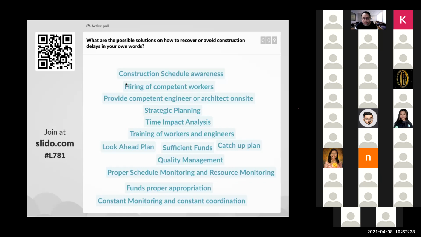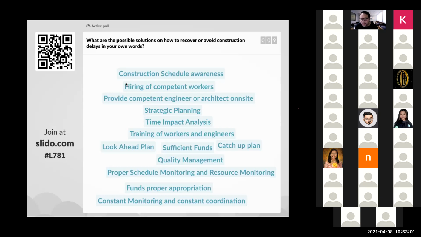Hiring of competent workers. Yes, that is very good. Hiring of competent workers will eliminate defects. Bakit? Competent na eh. Wala nang mali yun dahil competent. So paano pa? Solved na kaagad ang workmanship defects. Solved na. At ibig sabihin, pag walang workmanship defects, edi walang gastos.